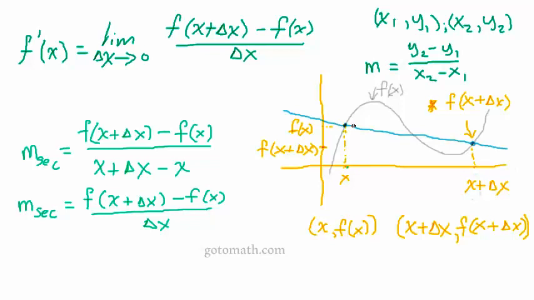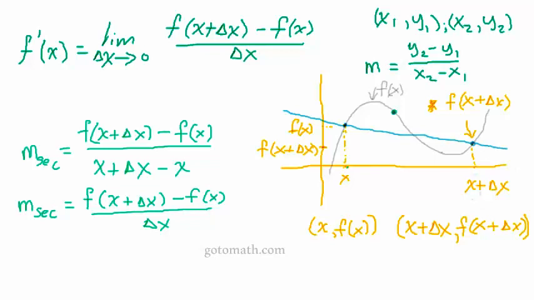And what's happening to this secant line right here? This point here is staying fixed, it's not moving, but this other point is moving along. For example, we'll make a jump here. We'll put the point right there.